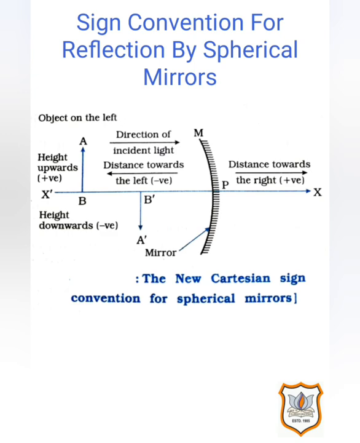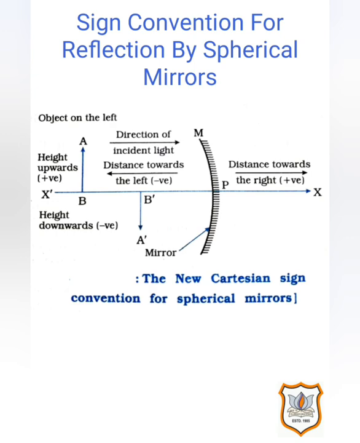Now, all distances parallel to the principal axis are measured from the pole of the mirror, that is from the origin. Along with that, all the distances measured to the right of the origin, that is along plus x-axis, are taken as positive, while those measured to the left of the origin, that is along minus x-axis, are taken as negative.